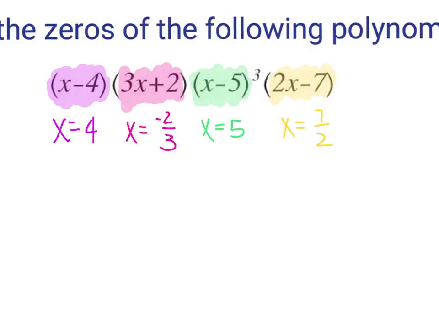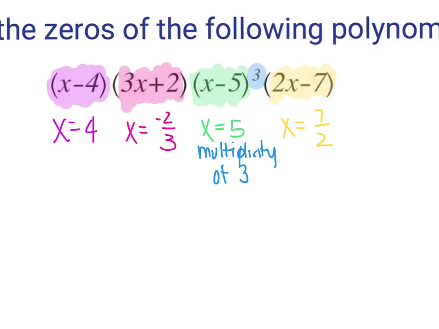the zero is 7/2. Now, the one thing that makes this a little bit different, and the one thing I have to add here, is that because I have this exponent of 3 here, and notice none of the other ones had an exponent of 3, that means that x equals 5 has a multiplicity of 3.